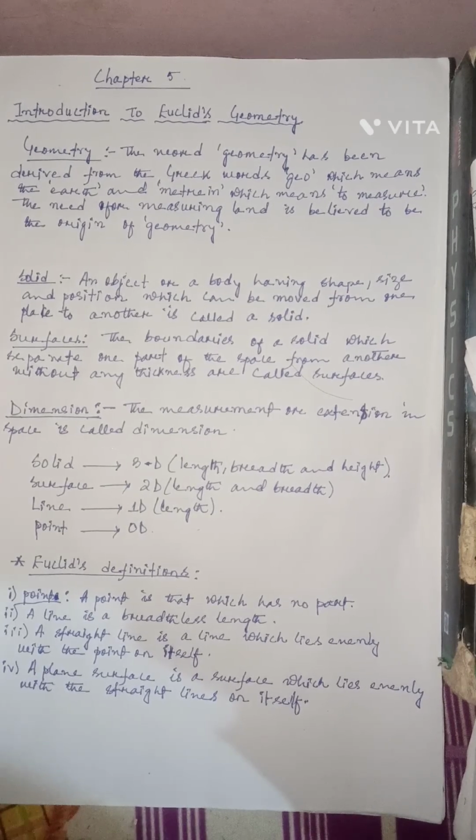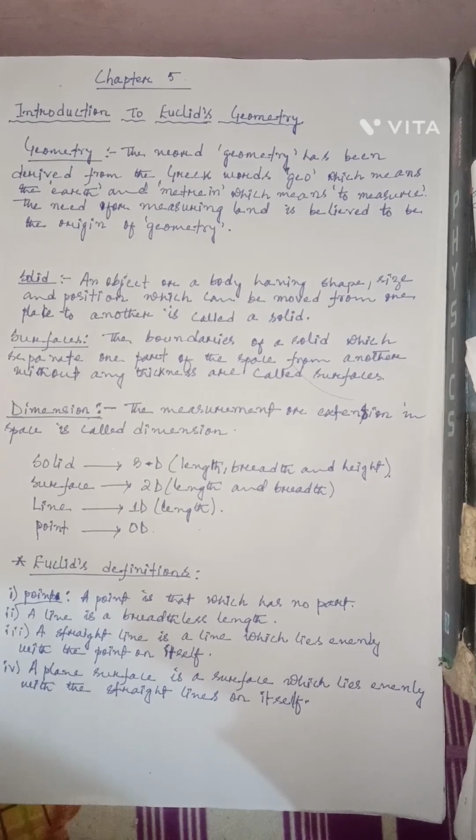Then we have solid. Solid has 3 dimensions, means it can be placed in 3D, in 3 axes. Let us take one axis as X, and after that Y axis and Z axis. You can place it in 3 directions, or we can extend it in 3 directions. Thus, solid has 3 dimensions.